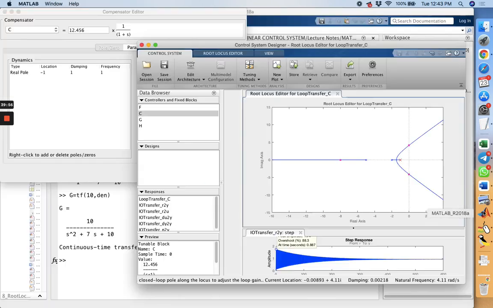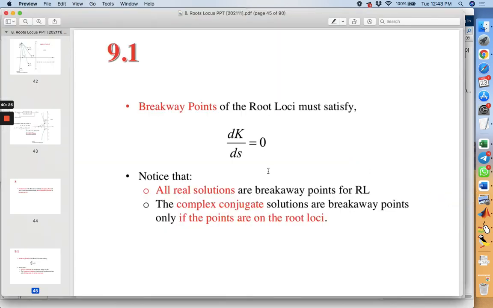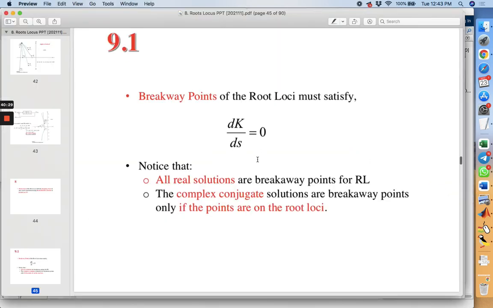Basically, in the mathematical problem, when we have a shape with a maximum and minimum curve, dk over ds finds the minimum or maximum of this function. So we take dk over ds to find this minimum point. That's why we use this formula to find the breakaway point.